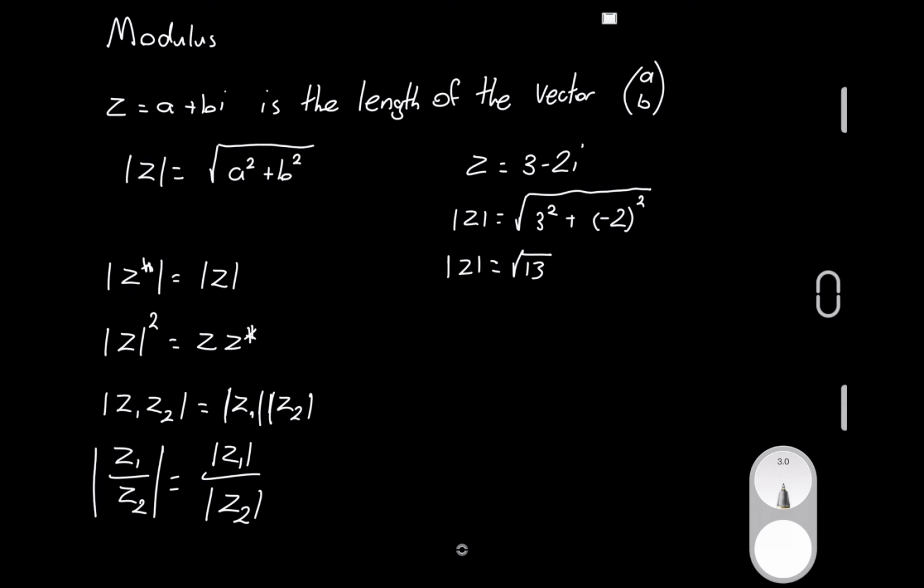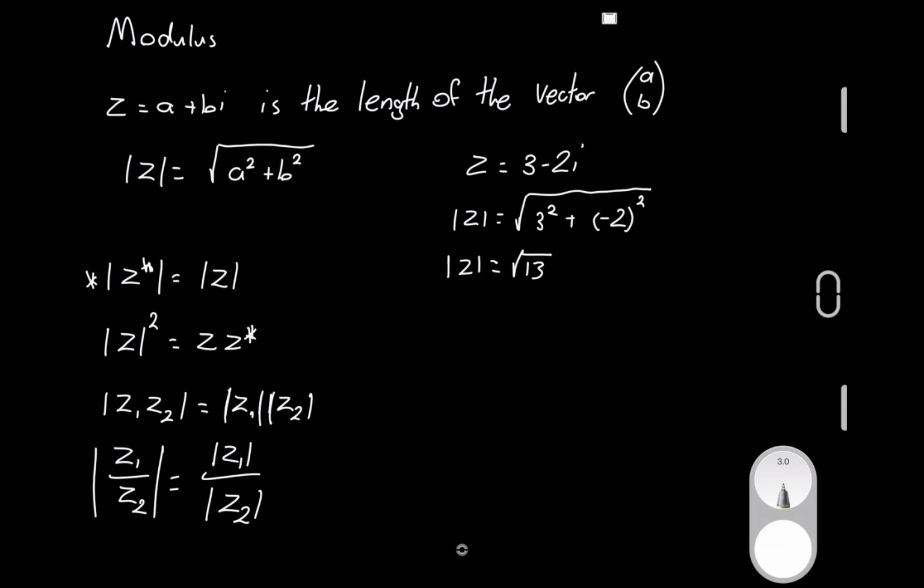Alright, so looking at the properties of modulus here. If we've got a vector z, then the length of it, even if it's conjugate, is still going to be the same. So that's the first point here.